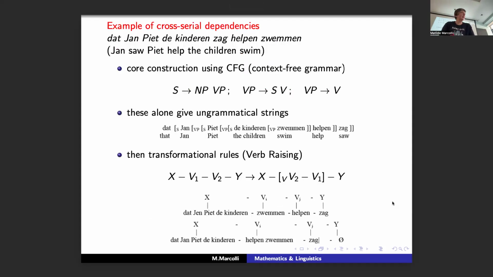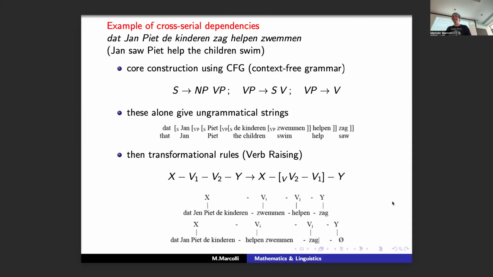This was Chomsky's, in the 1970s, a series of papers of Chomsky and other people that worked out a lot of examples of these transformations and tried to work out this idea of separating out some basic underlying context-free generation and transformational rules on top of them.